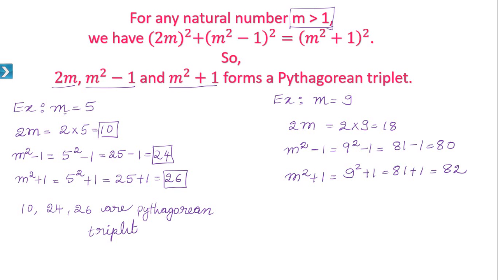Therefore, 18, 80 and 82 are a Pythagorean triplet.